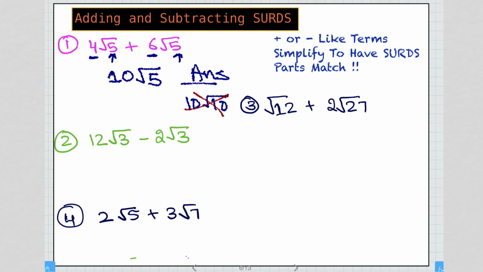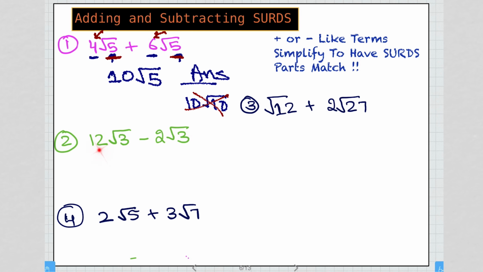So please first check if you have like SURDS, like in this one, root 5 and root 5. Then whatever is to the left of the SURD, you add those two numbers together. 4 plus 6 gives us 10 root 5. Same for the subtraction. In subtraction, nothing changes. You follow the same method.